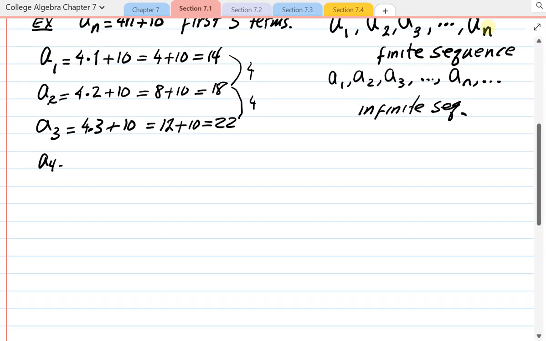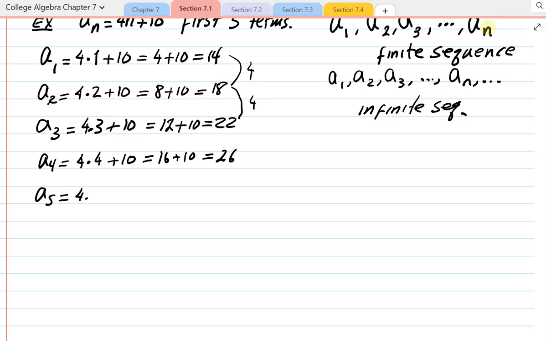So let's do just 2 more to finish this off. It's going to be 4 times 4 plus 10. That's going to be 16 plus 10, or 26. And a sub 5 would be the last one, 4 times 5 plus 10. And that's going to be 30, and there you go. Just wanted to write the first 5 terms.